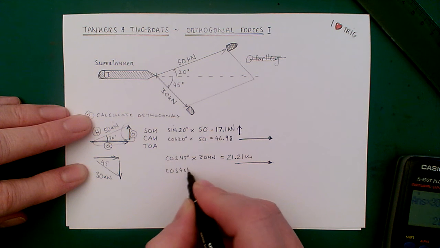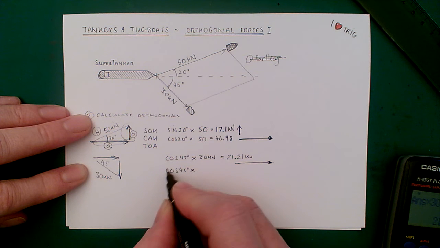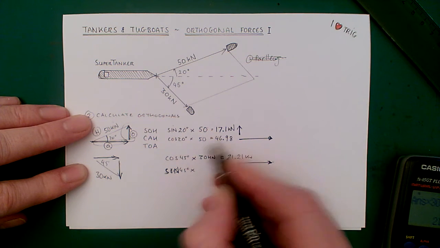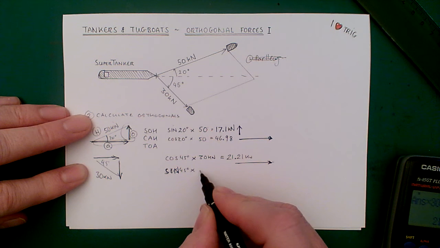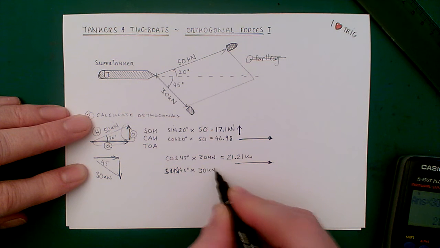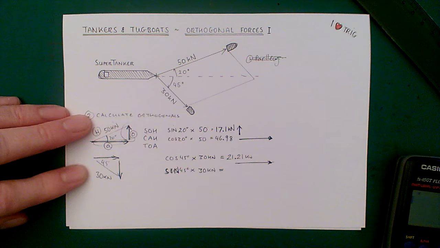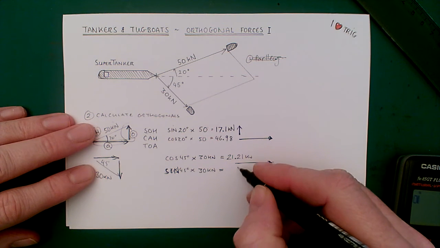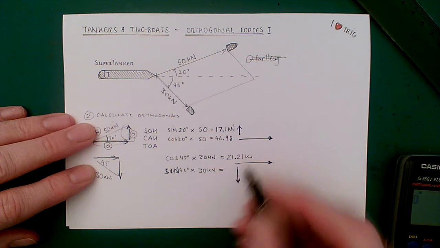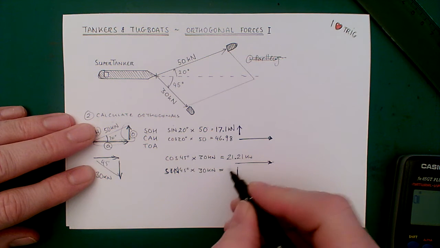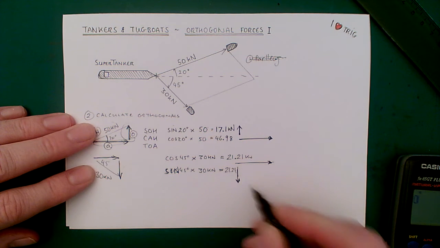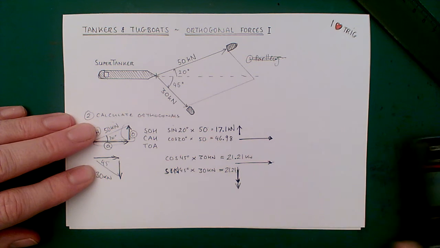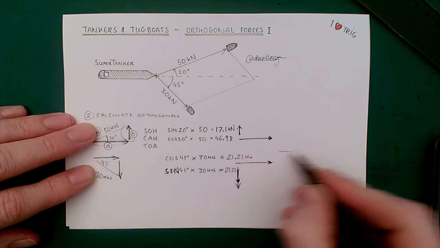And sine 45 degrees, looking at the opposite here, times 30 kilonewtons is going to give us our vertical component. And of course it's 45 degrees, so it's going to be the same, 21.21.